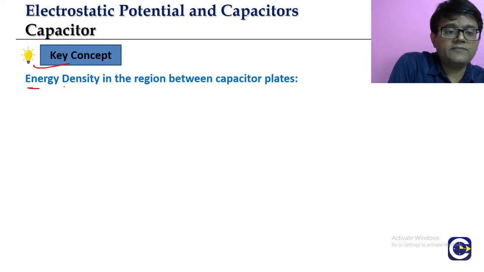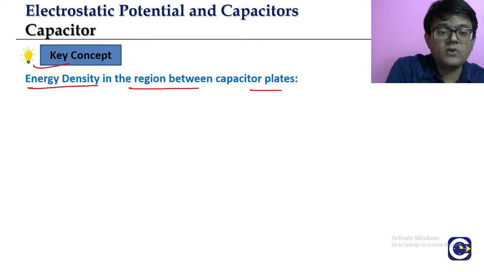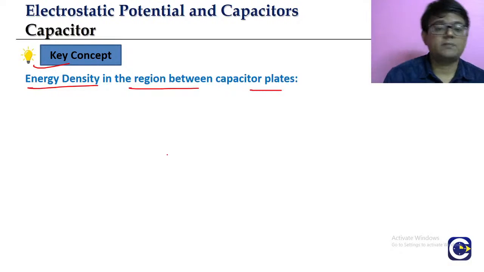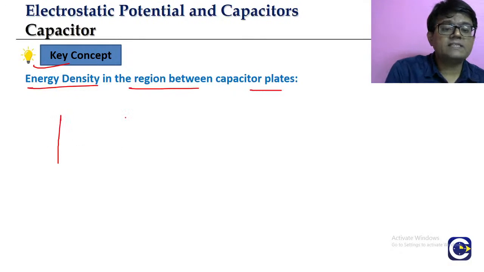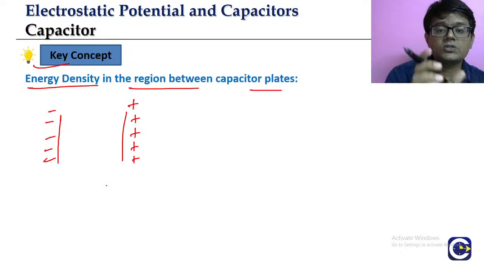Next, see, in one of the previous years we got a straight question based on this itself, and the question came on the energy density formula: energy density in the region between the capacitor plates. See, we said there is a potential energy that is stored by the charged capacitor.